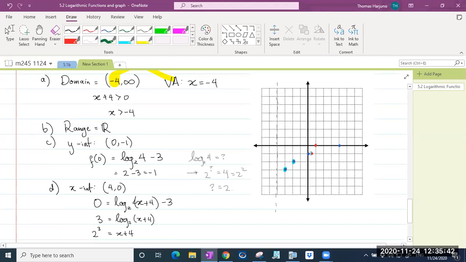And this guy, 4 to the left and 3 units down, lands here. So the graph will be approximately like this.